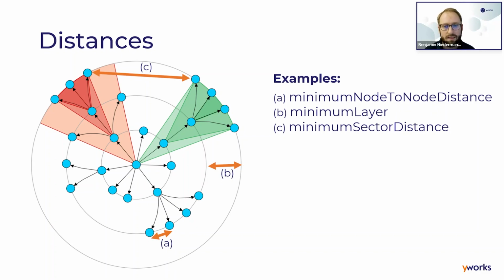And then there's also the sector distance. Here the idea is that the distance between the sectors is enforced between the outermost nodes in these sectors. And this gives you the possibility to also say that there are some kind of gaps between these sectors.